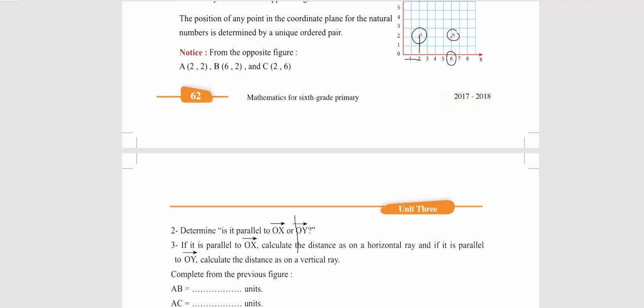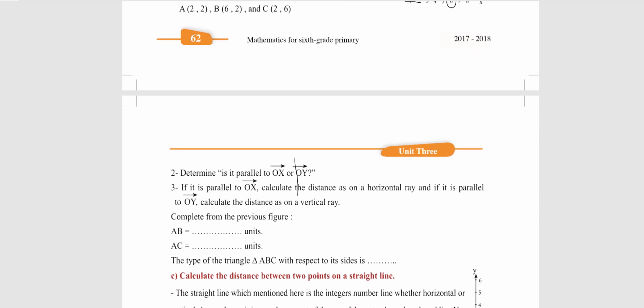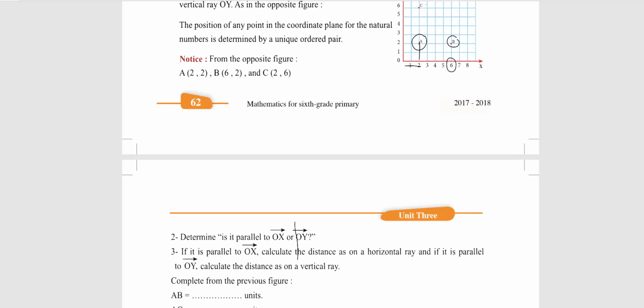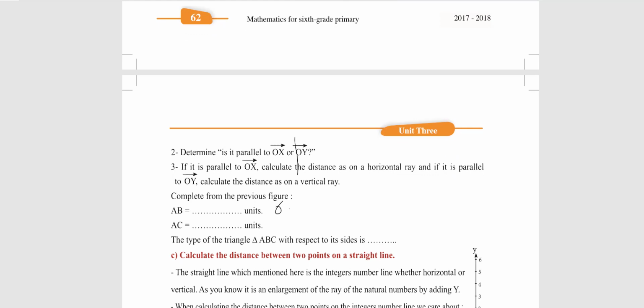We want to find the distance between these points. From this figure, find the length between A and B. This distance, as we said, is equal to the ending point minus the starting point. That equals 6 minus 2 equals 4 units.